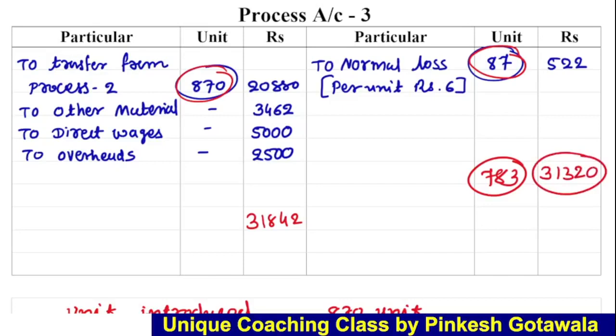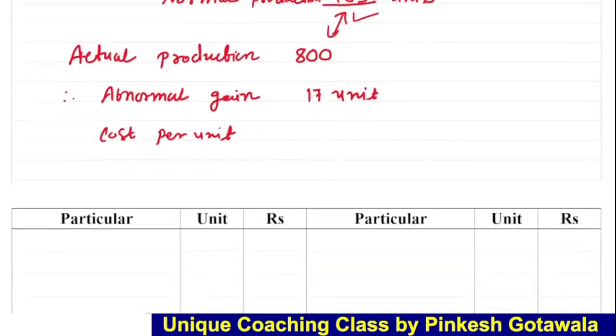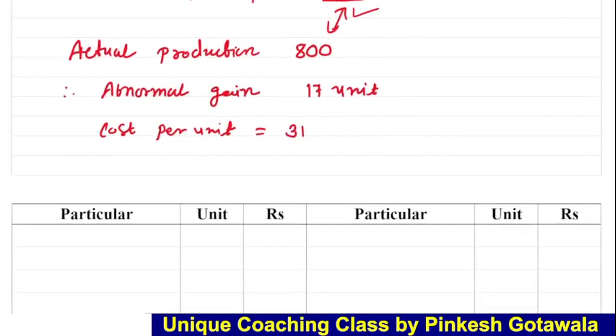Okay, so now let's find out per unit. 31320 total rupees, and 783 units. So here you will get cost per unit 40 rupees.